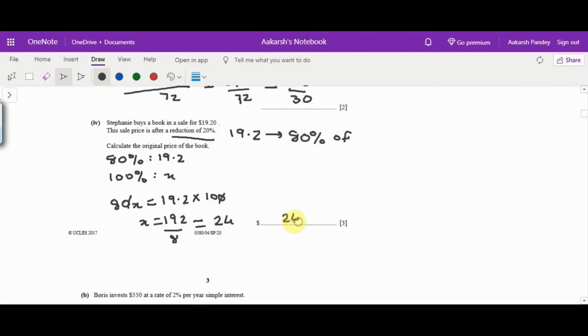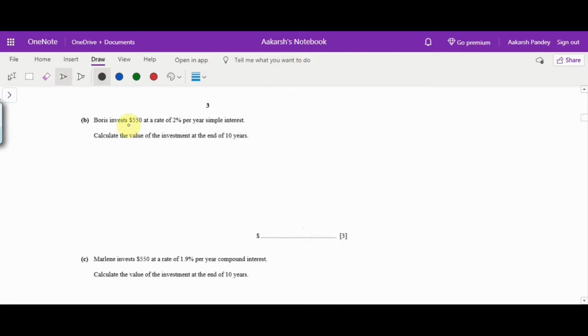Original price is $24. Boris invests $550 at a rate of 2%, and this is simple interest. So simple interest, we have a formula for that, which is PNR by 100. What I need you to notice over here, that in simple interest, when we are calculating that, we are calculating the interest part.